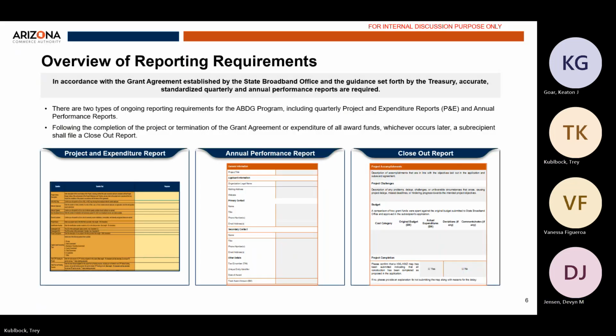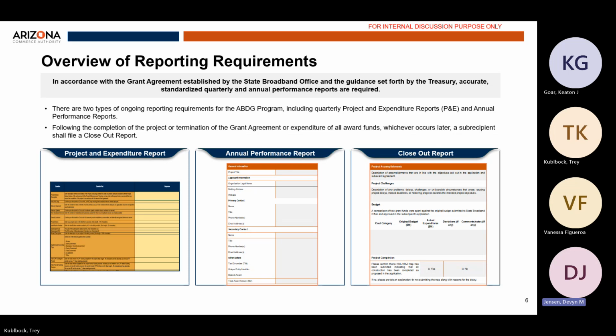Thank you, Trey. So here we have the overview of reporting requirements. There are 3 separate requirements in terms of reporting for the CPF and ABDG program: 2 ongoing reporting requirements, which are the project and expenditure report, known as the P&E report, and the annual performance report. Lastly, we have the final requirement, which is the project closeout report.